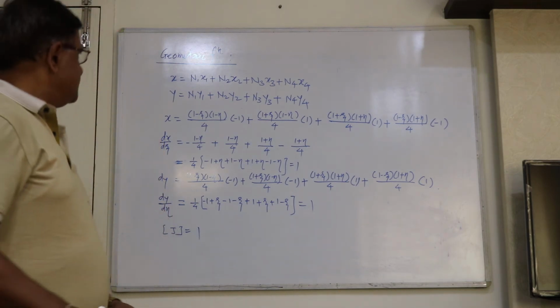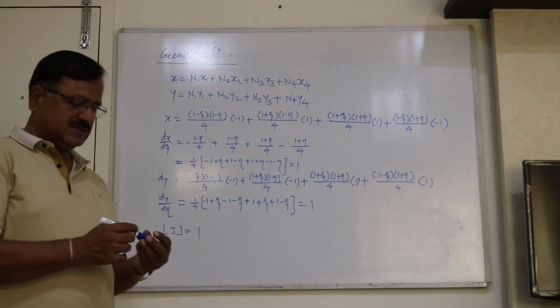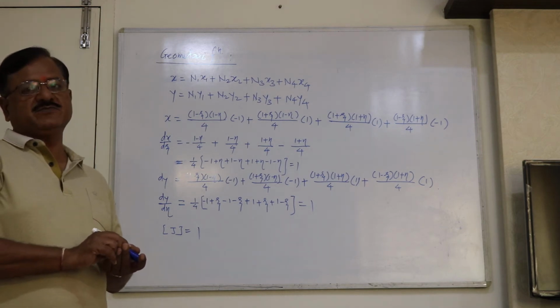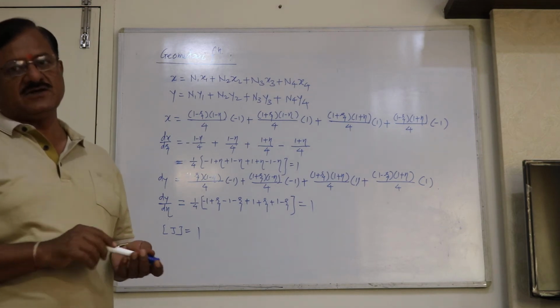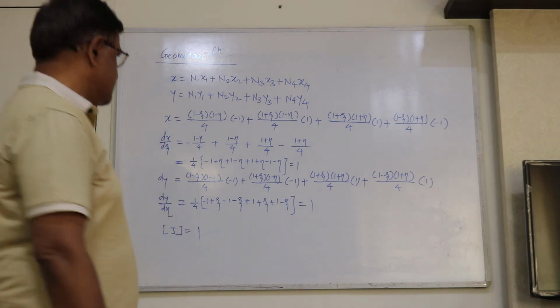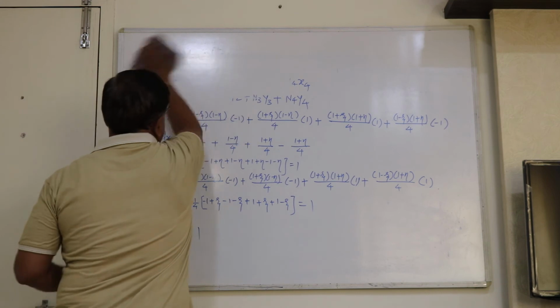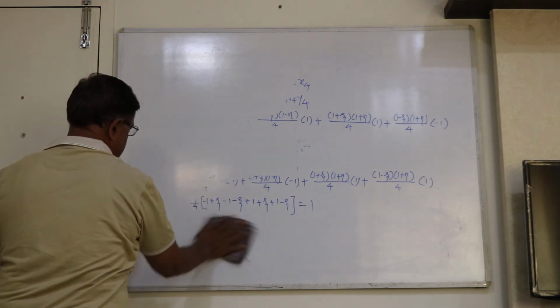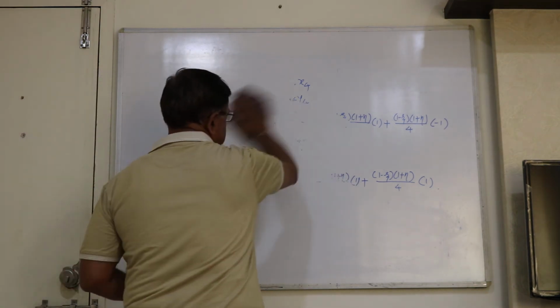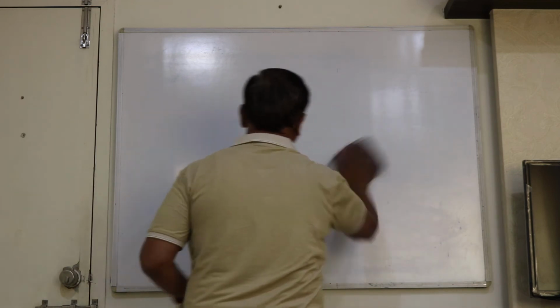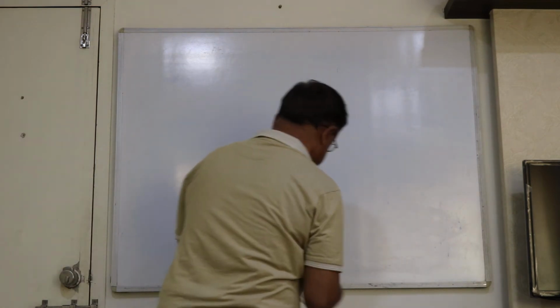And the next step is to find out the strain displacement relations, or we have to calculate the strains. So how to find out the strain displacement relations? That is, we have to use del u by del x.